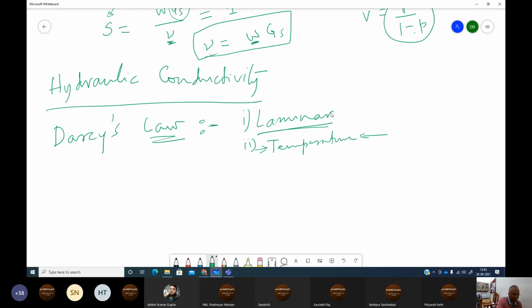It means very slow moving. There is something called the Reynolds number, which must be less than 2000, but forget about this. It is very slow moving. It's not like water flowing through a mountain at very high speed. For that kind of flow, which we call turbulent flow, Darcy's law will not be valid. This is not turbulent, it's laminar. Also, temperature will not change.